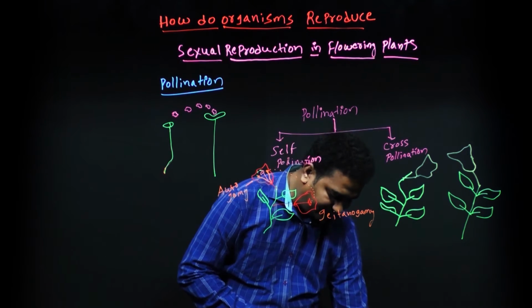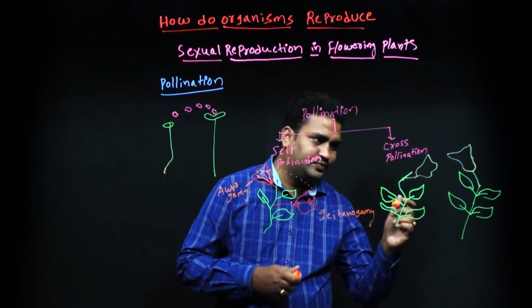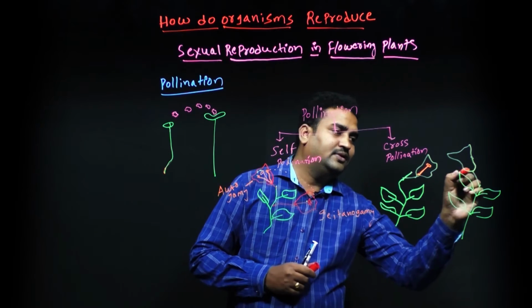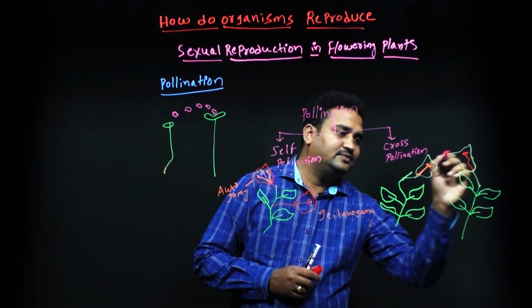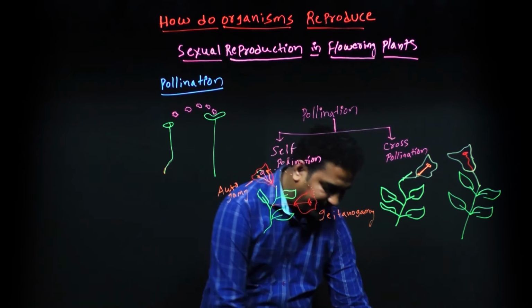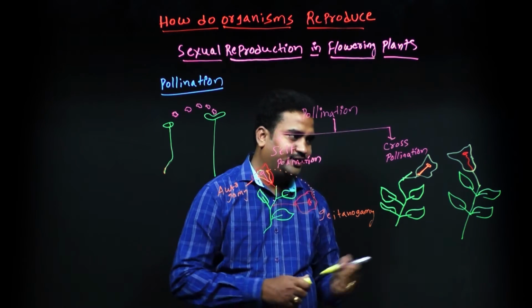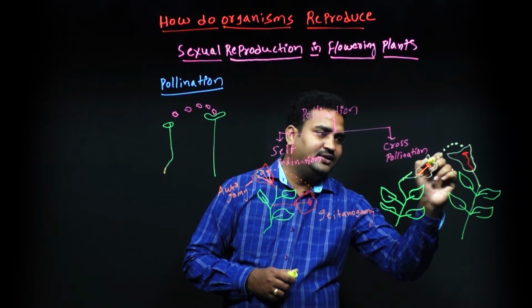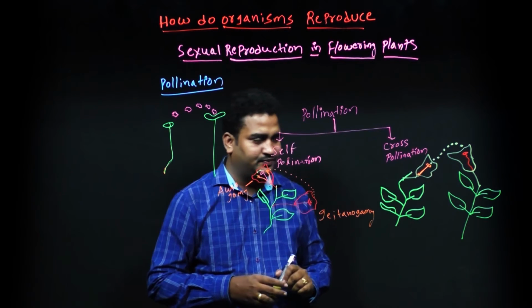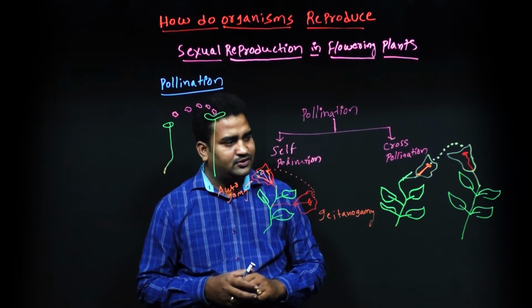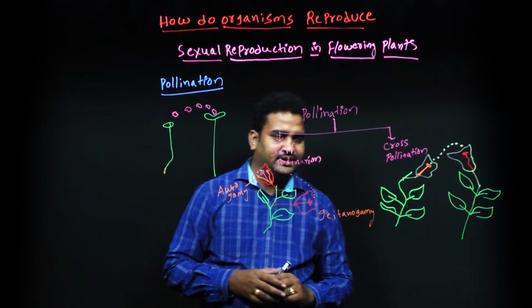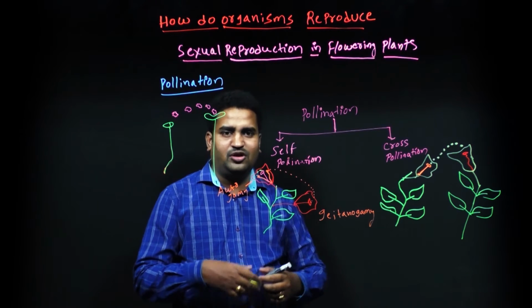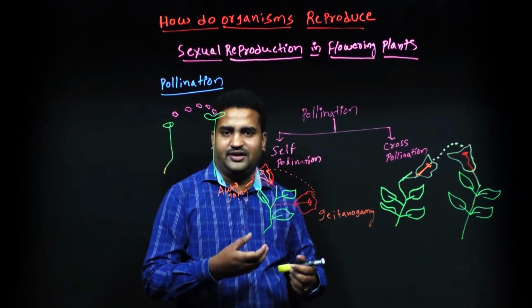So these two are different plants, right? This is the stigma and this is the anther. So if the pollen grains from one plant fall on the stigma of another plant, this kind of pollination is called cross-pollination.